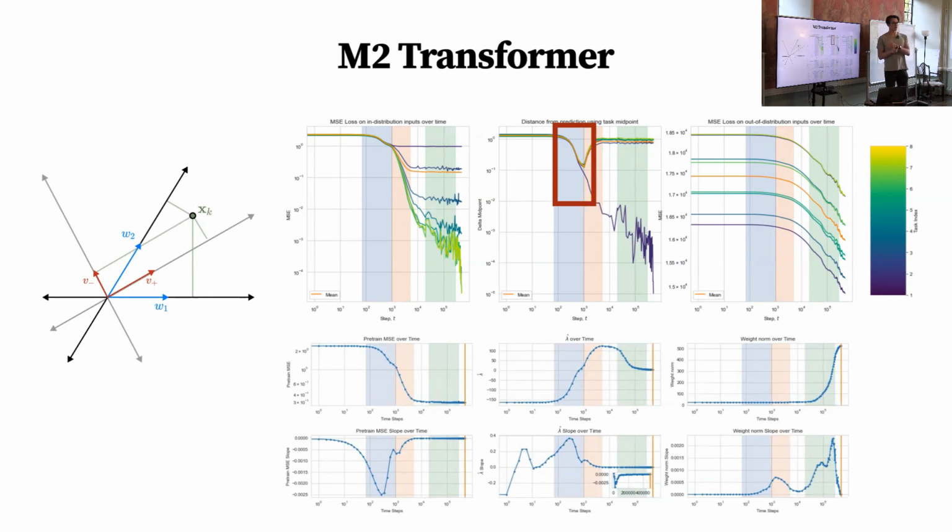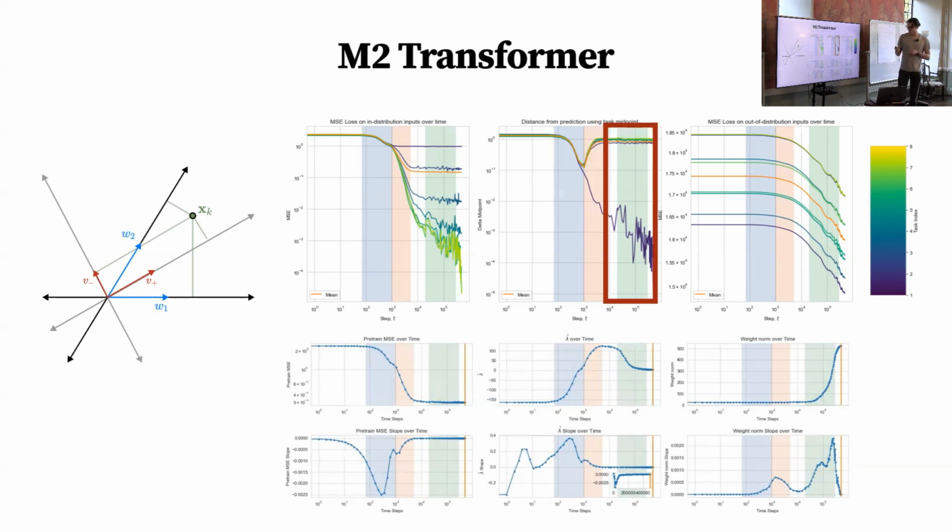The prediction using that is the best guess you can make before you actually know which task it's coming from. And you see that for the first token, it continues to get closer and closer to this midpoint task prediction, which is the best thing that the first token can do because it hasn't seen any examples yet. For the remaining tokens, it quickly moves away from this after the first stage to something else, and it learns to perform the tasks as we saw in the loss plots.